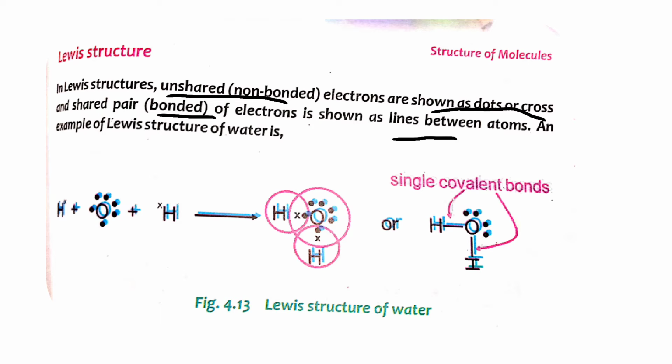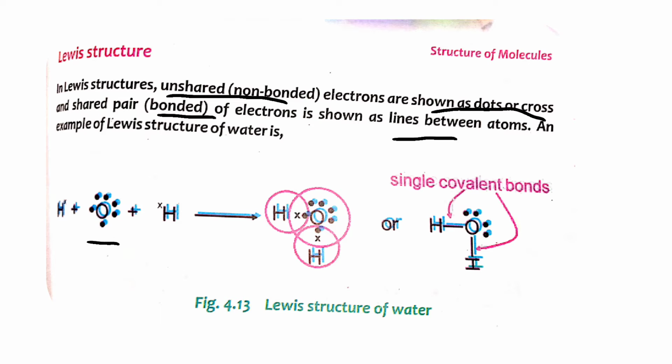You can draw the Lewis structure by two methods. The first method is very easy. Look here, that is a molecule of oxygen, and that is an atom of oxygen. If you take the electrons of one atom as dots, you have to take the electrons of the other atom as crosses. Clear?